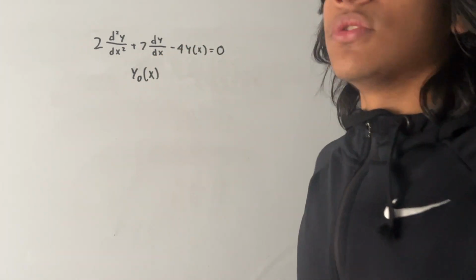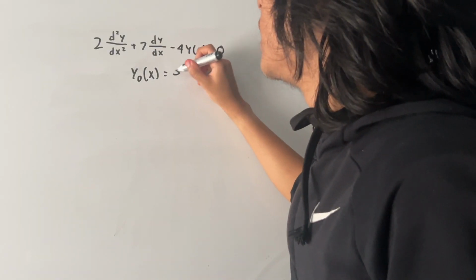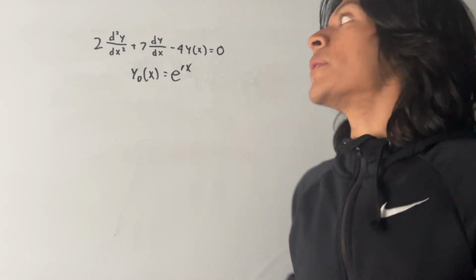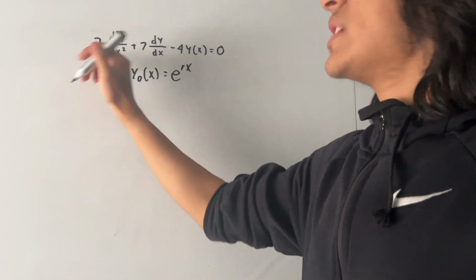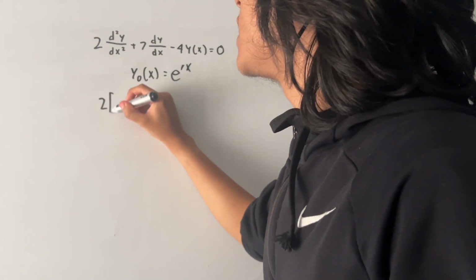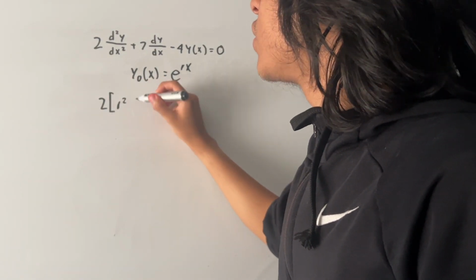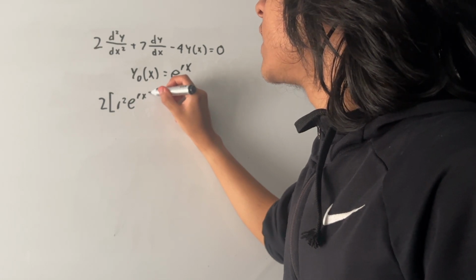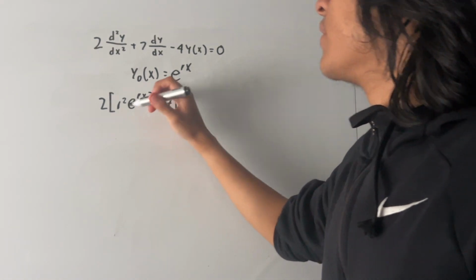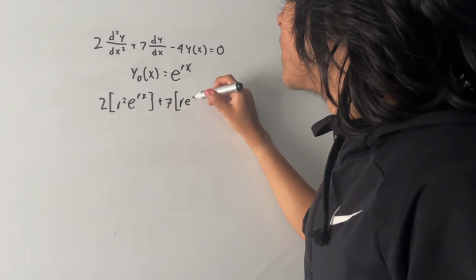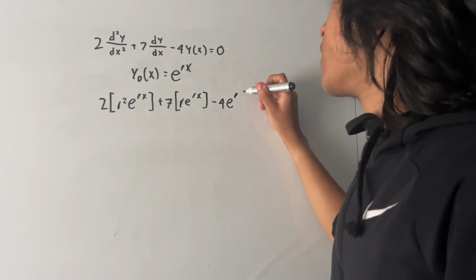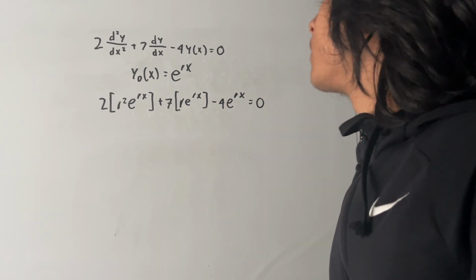We're assuming the solution is gonna be in the form e to the rx, and we wanna solve for r. So when we plug this into the differential equation, we're gonna get 2 times r squared e to the rx plus 7 times the first derivative, which is r e to the rx, minus 4 times e to the rx is equal to 0.